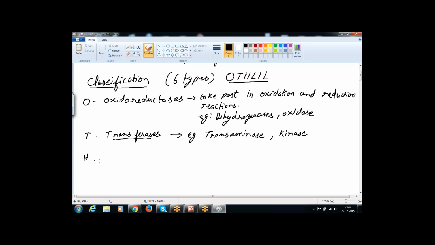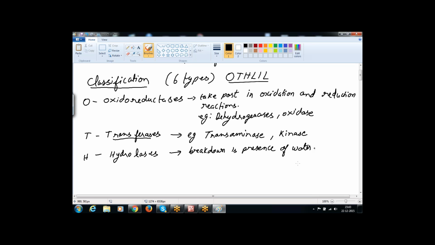Then we have H. H stands for hydrolases. They cause breakdown in presence of water. Hydro means water, lases means lysis.